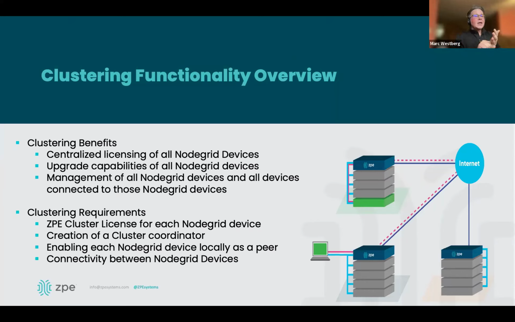If that's an MPLS circuit, so all of the devices have connectivity to each other, if that's an IPsec VPN between firewalls or whatever the case might be, or a local LAN or multiple VLANs, as long as they have a route to each other, I guess is the best way to put it, then they can join the cluster. So that was a quick overview of the functionality.